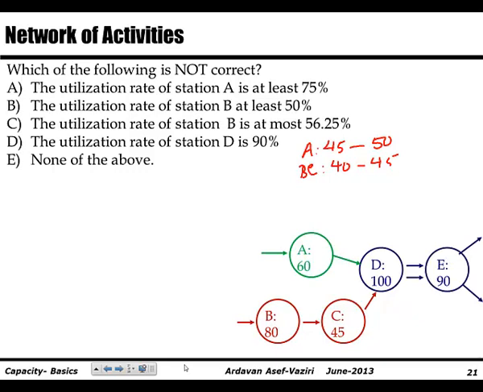The utilization of station B is at most 56.25%. The maximum we can produce of product BC is 45.